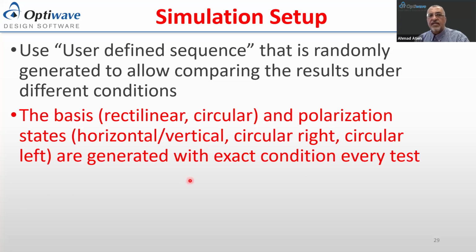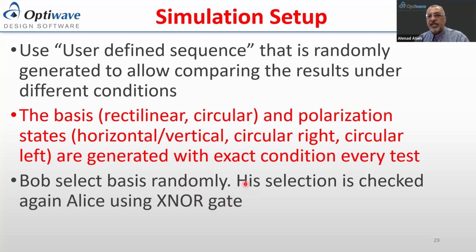Again, this is very important: the process of comparing the bases of Bob with what Alice sent is done through an XOR gate. And the reason for that is, whenever you have similarity, you're going to get a bit 1. When you have any differences between the 2 states, you're going to get 0.